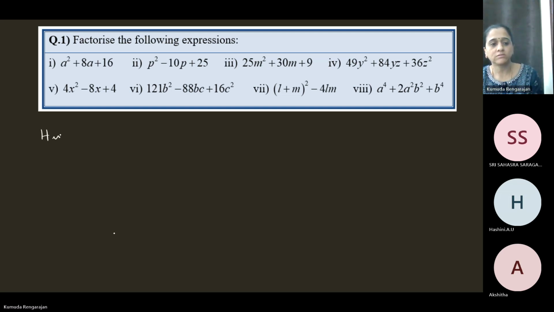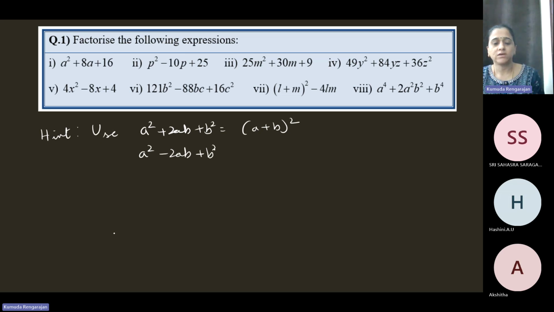Hint is, use a squared plus 2ab plus b squared is equal to a plus b the whole squared, or use a squared minus 2ab plus b squared is equal to a minus b the whole squared. Okay, fine. So here you can factorize all the expressions using one of these two identities. Yeah, start.